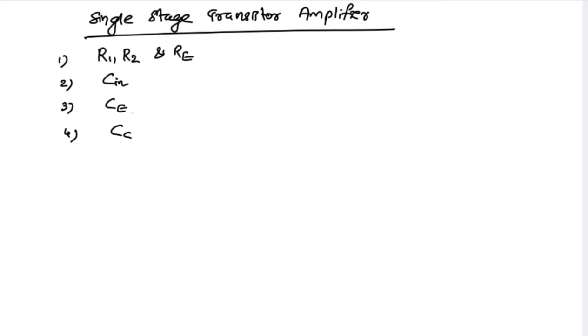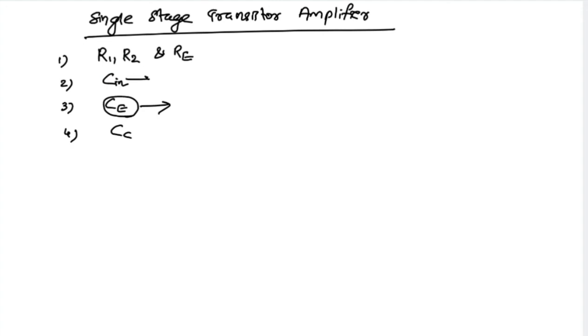Now we studied in detail about the emitter bypass capacitor. Each has its own role. R1, R2 and RE, in which R1 and R2 form the biasing circuit and RE provides stabilization. If it is not used, we will not achieve faithful amplification.